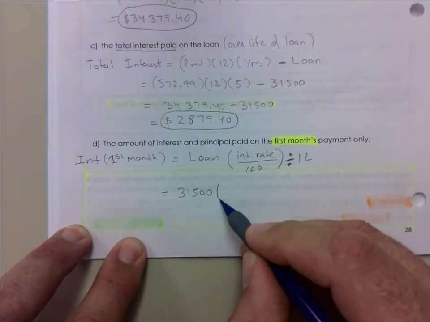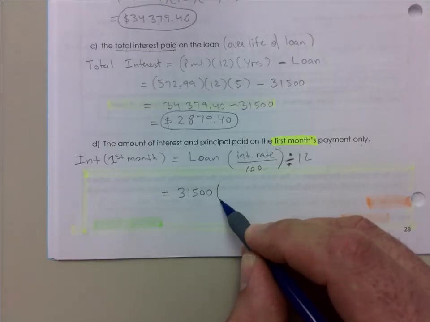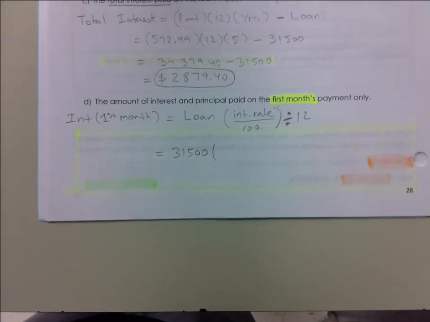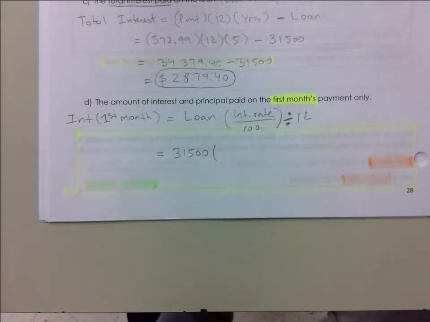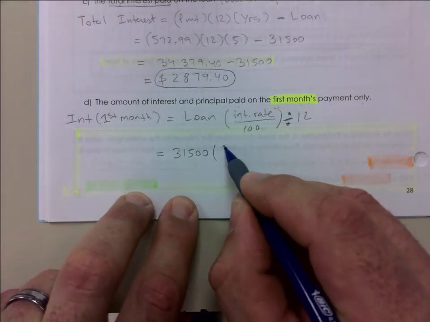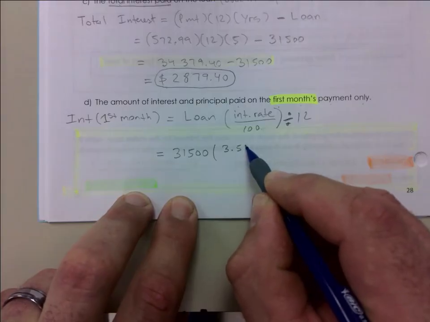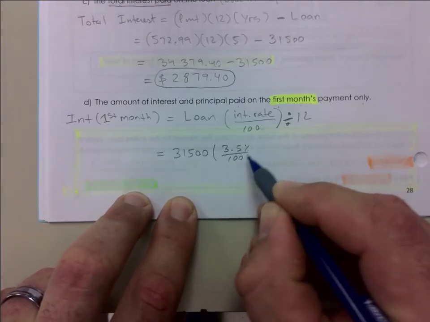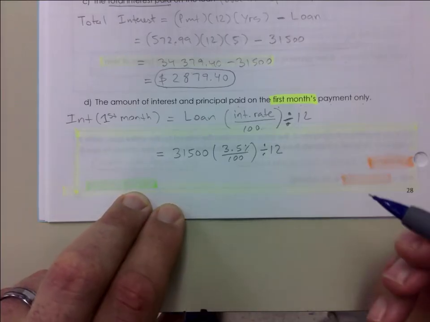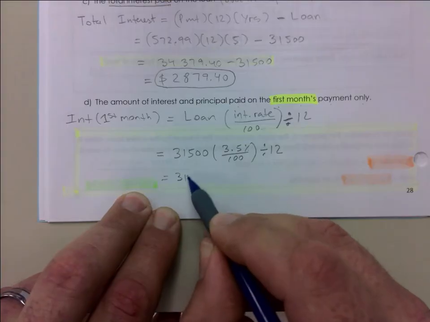What is my loan in this case? 31,500. What is my interest rate? 3.5, you see that? It's up on the question, 3.5%. So I go 3.5% divided by 100, all of that divided by 12. I'm going to clean it up one more time.